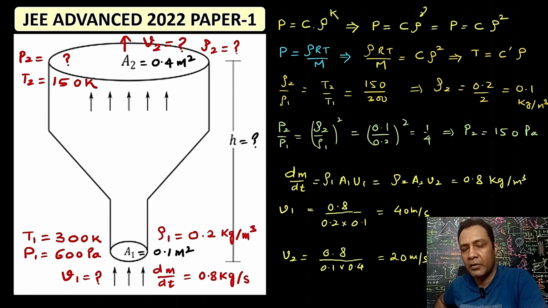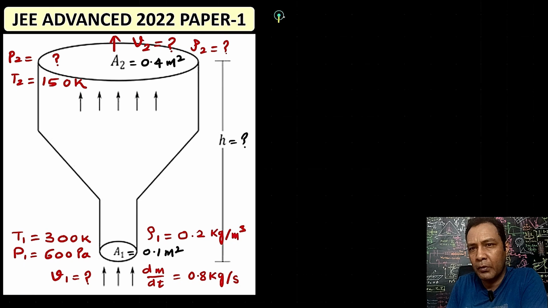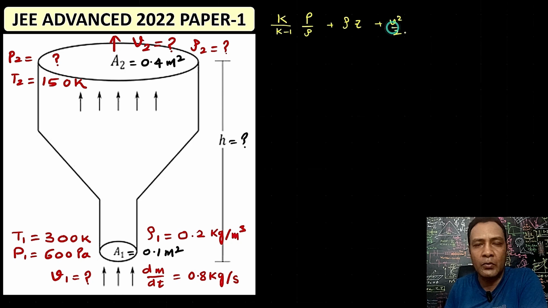And then we had to find the height of the chimney. For that we need to apply Euler's equation for this polytropic flow. So Euler's equation for polytropic flow, we had derived: k upon k minus 1 p by rho plus gz plus v square by 2 is constant, and that we want to apply at the lower end and upper end.